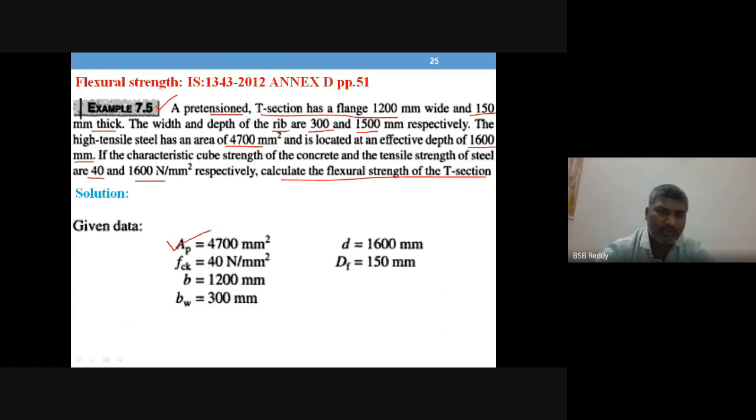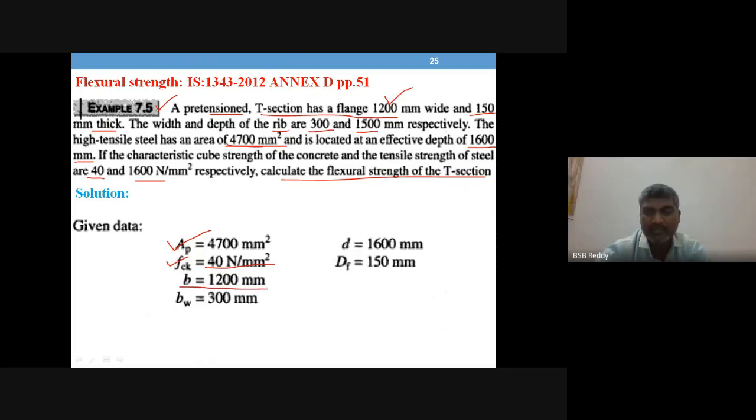Area of prestressing steel is given, 4700 square mm. FCK, the 28-day cube compressive strength, is 40 Newton per square mm. The width of the section is given.